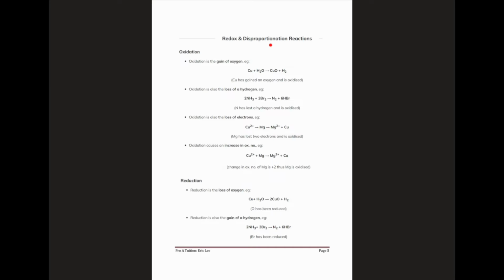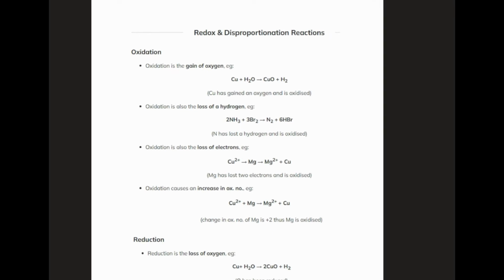Let's see here. Redox and disproportionation reactions. First, let's see what oxidation is. They say oxidation is the gain of oxygen. For example, copper plus O2 becomes copper 2 oxide. So this is the gain of oxygen.